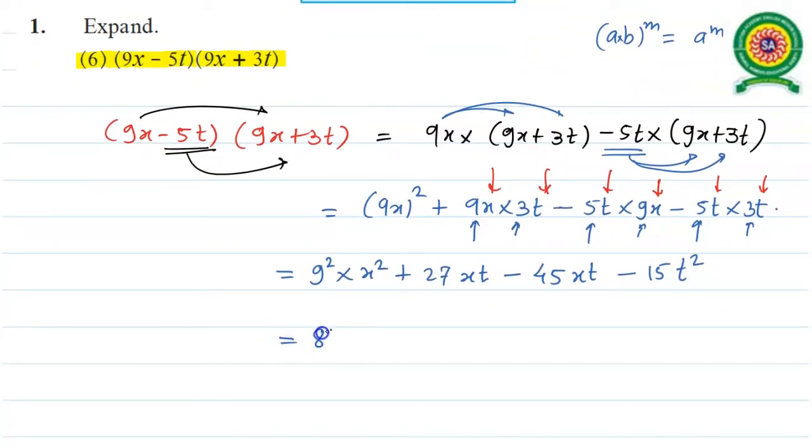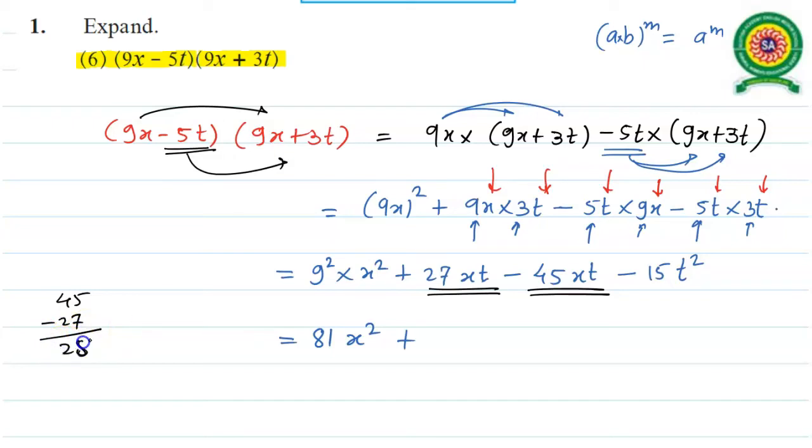9 square becomes 81, x square as it is, then 27xt minus 45xt. So do the subtraction. 45 minus 27 we are getting 18.